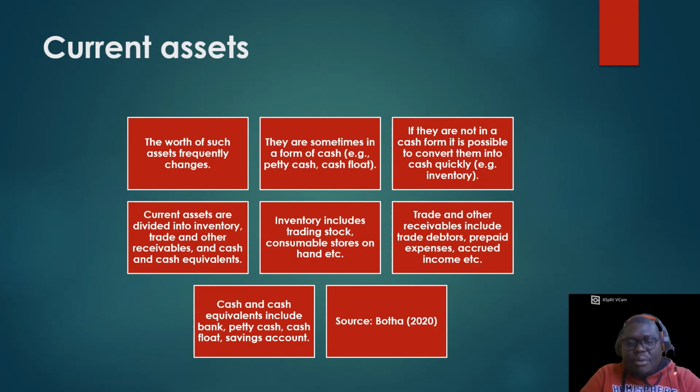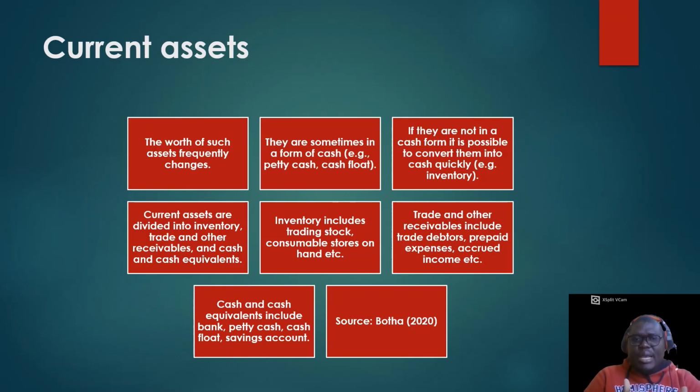The next item that we have to talk about is called current assets. In terms of current assets, one thing about them is that the worth of such assets usually frequently changes. You can look at the worth of things like inventory. Things change.